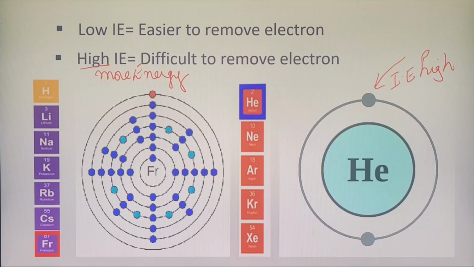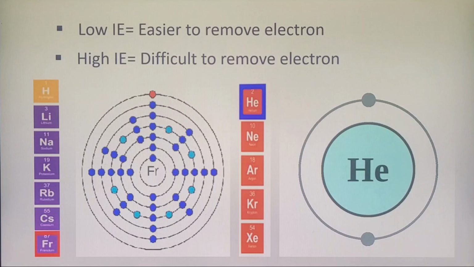If I say high ionization energy, that means I have to provide more amount of energy. That means it is going to be really difficult to remove an electron. And suppose if I say it has got low ionization potential, whenever I say potential, it means nothing but low ionization energy. That means with less amount of energy, I will be able to remove an electron.